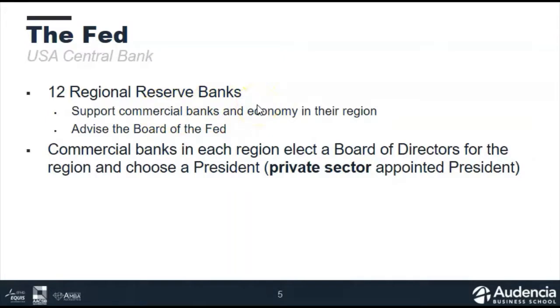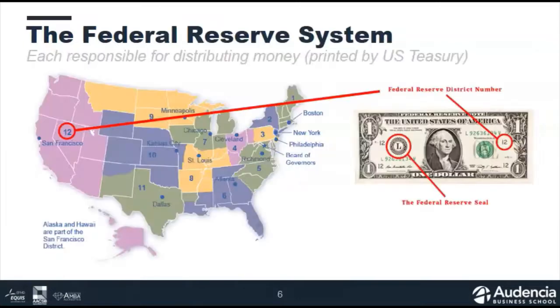So it's interesting that the Fed is composed of, on one side, the elements that are appointed by the President of the United States, very politically, or they're done by politicians. And here we have the private sector side of the Fed that comes out. Now, the Fed, as I said, is divided into 12 regional banks.